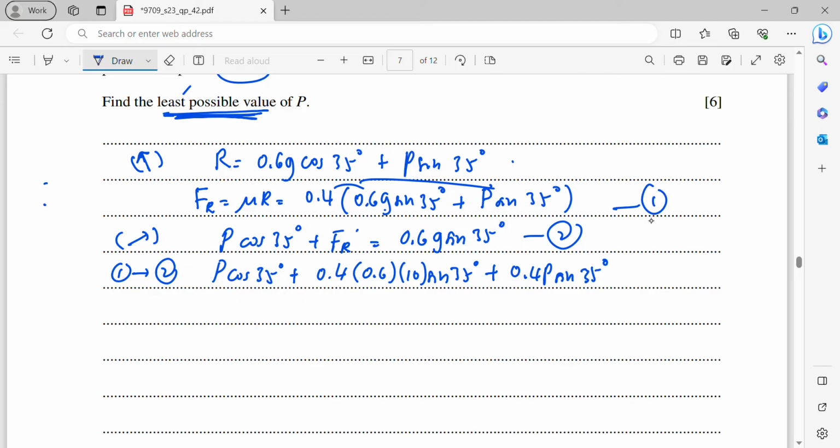All these are my Fr. That equals to 0.6, the G I replace by 10. After that, sine 35 degrees.